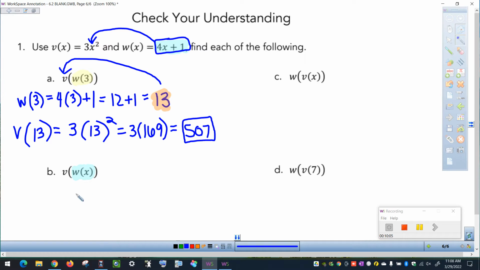So instead of writing it as 3x squared, we're going to be inputting 4x plus 1 in the place of where the old x used to be. And because there's two pieces to the 4x plus 1, I'm going to use parentheses around it. We still have the 3 multiplied in front. We still have the squared on the outside.